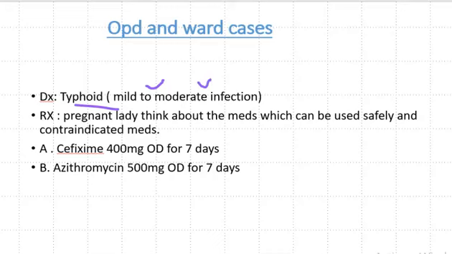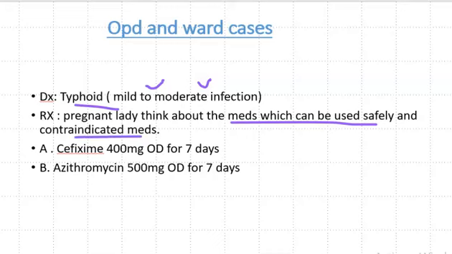A severe one would have nausea, vomiting, and ongoing fever for many days. The patient might be restless and irritable. So once again, you have to know about the pregnant lady, the meds which can be used safely and which are contraindicated.